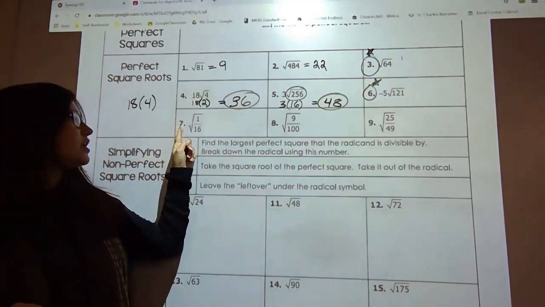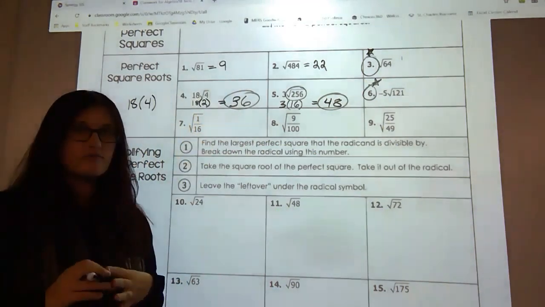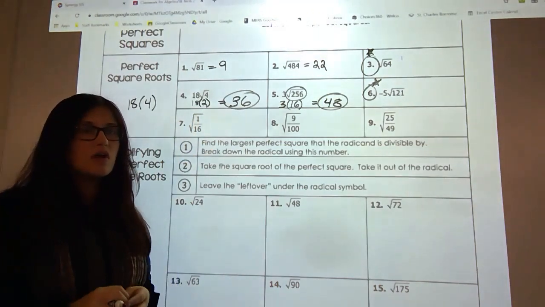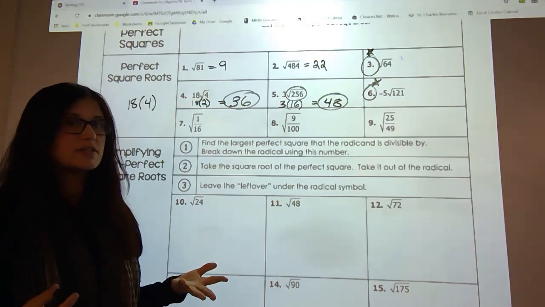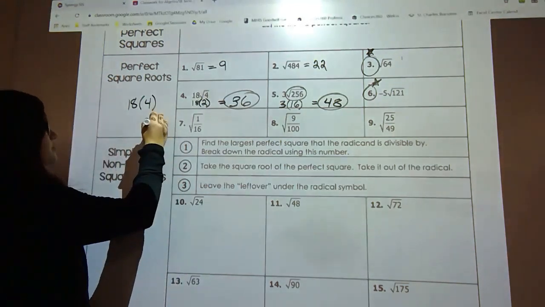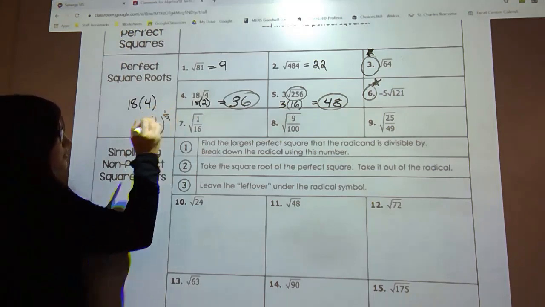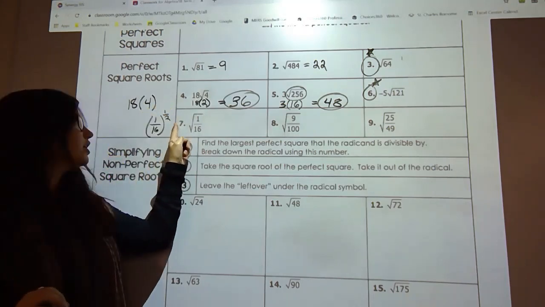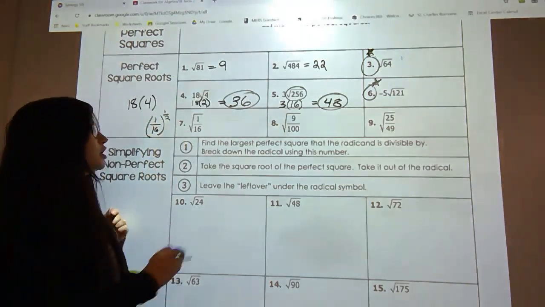All right, so here we have a fraction inside of my radical. If we recall when I was explaining that these are just exponents, how would we have done something like this with an exponent? Remember that the exponent goes to each piece inside of your term.